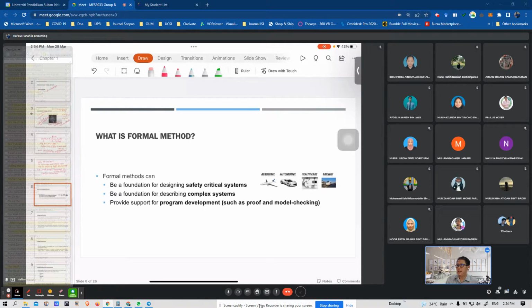Passengers. Okay, and then it is also important and vital to be a foundation for describing a complex system. Yang ni saya dah terangkan tadi. Untuk complex system, contoh complex system apa dia? Siapa tahu?